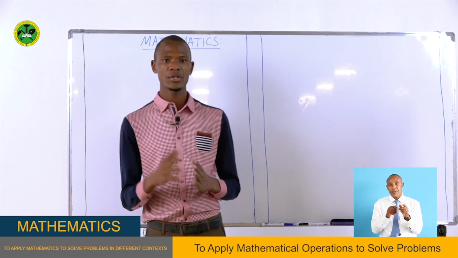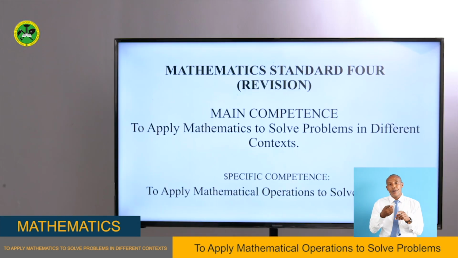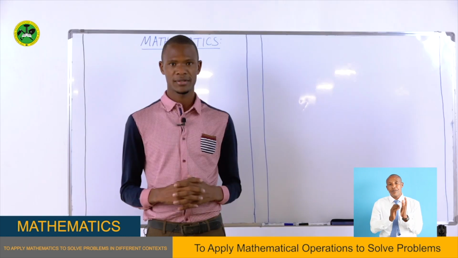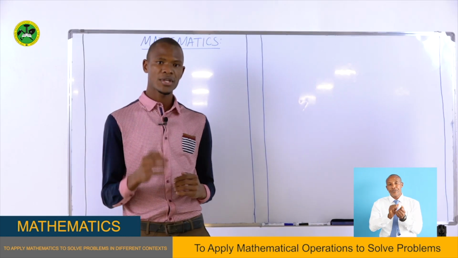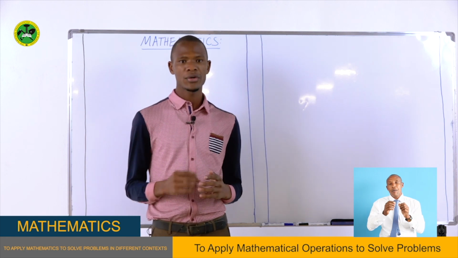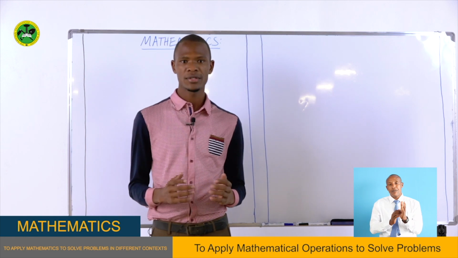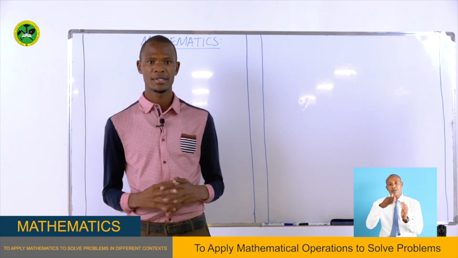Today we are going to see our main competence: to apply mathematics to solve problems in different contexts. But also our specific competence: we are going to apply mathematical operations to solve problems.